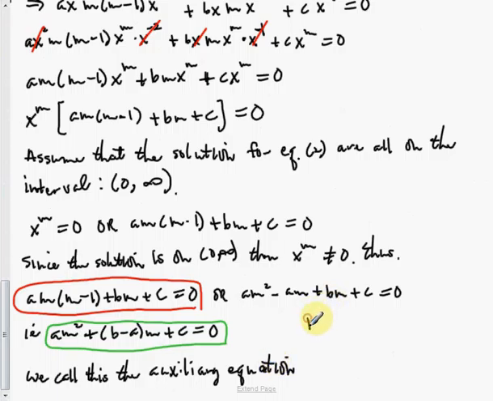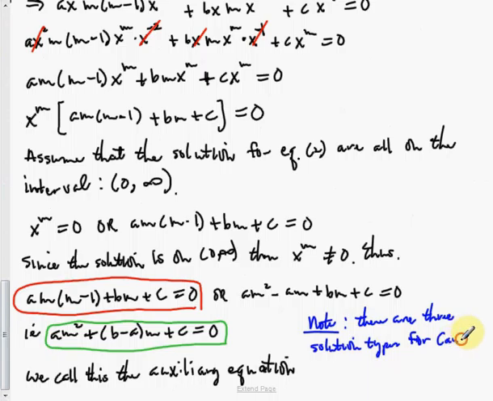So here we note the solution types here are in three forms. So here there are three solution types for Cauchy Euler equation.